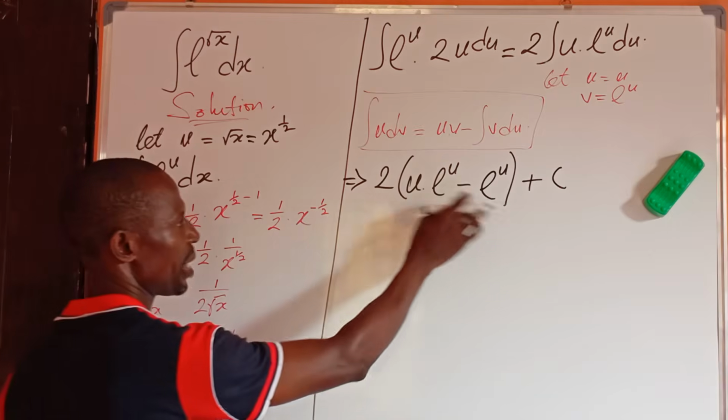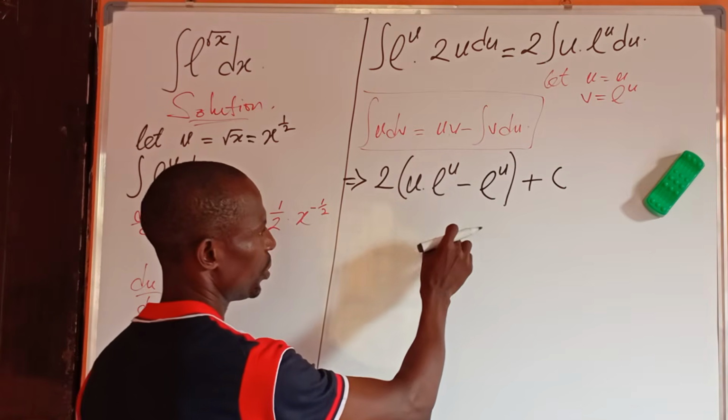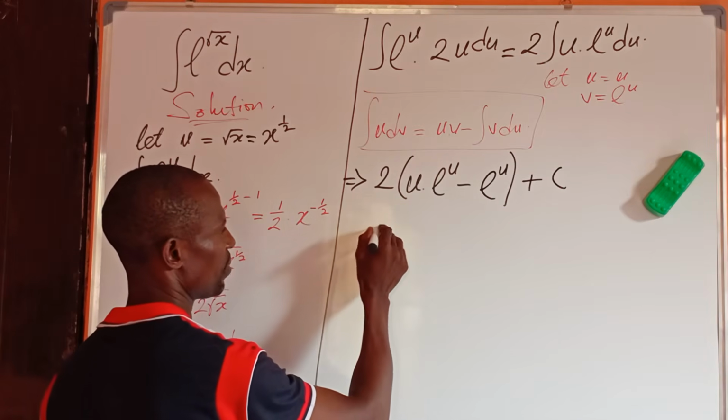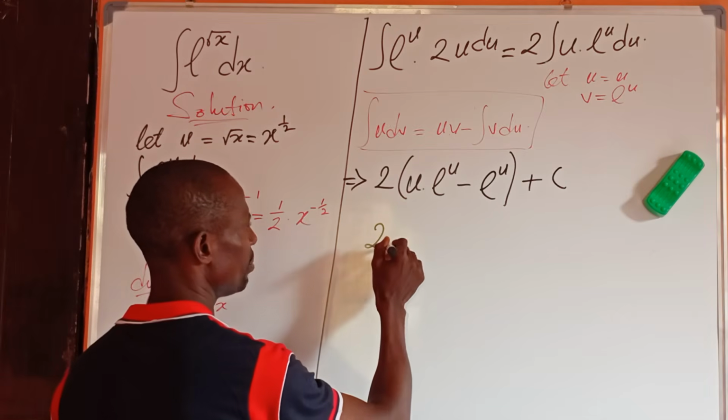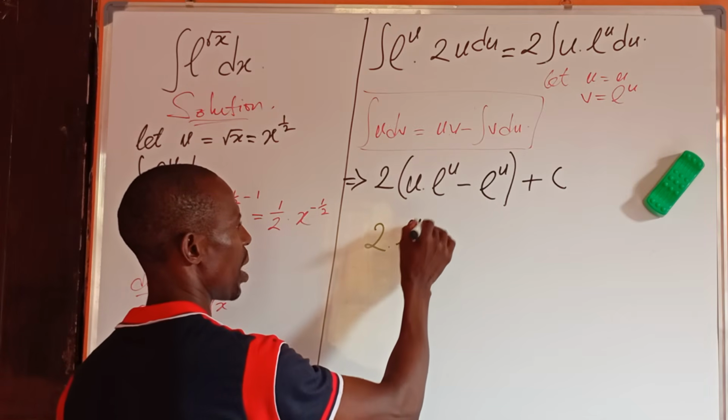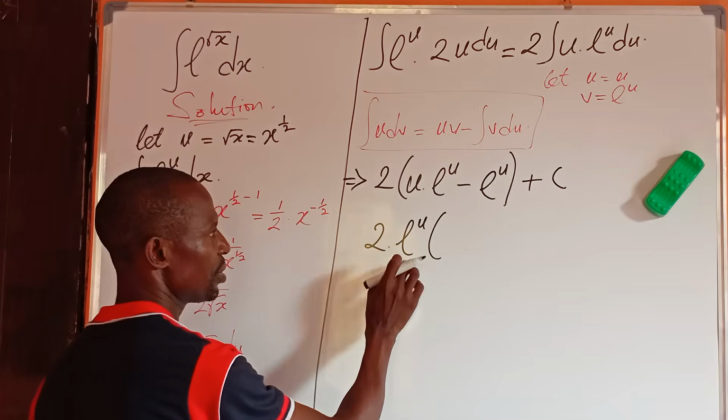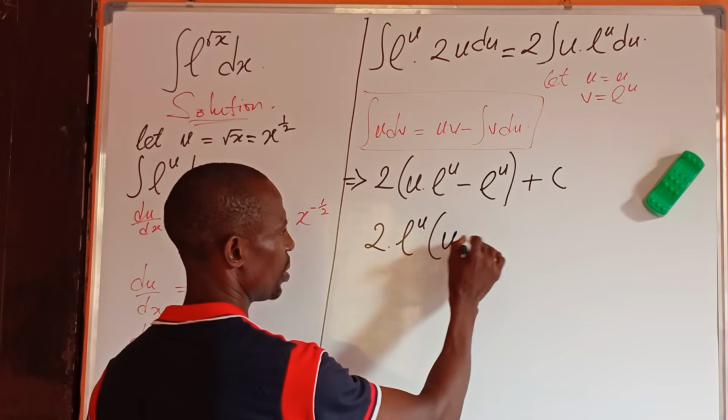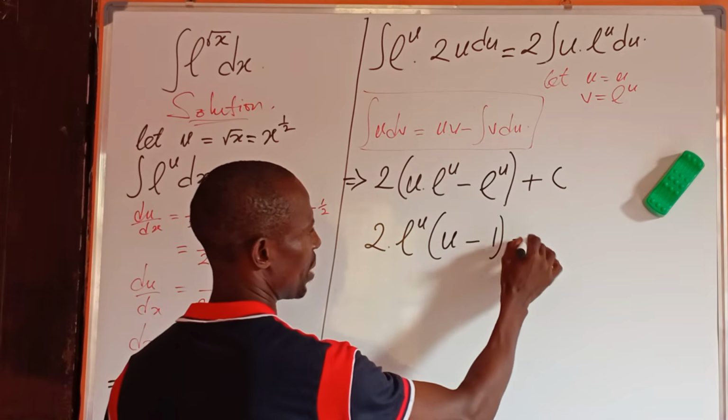Here we have e to the power of u common to both terms. So this gives us 2 times e raised to the power of u, bracket, and dividing out, we are left with u minus 1, close bracket, plus c.